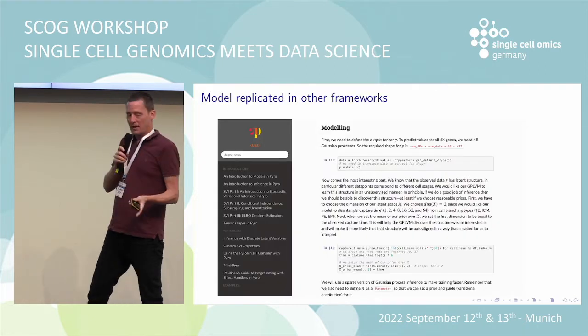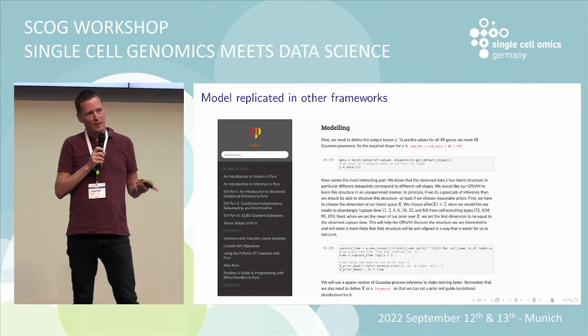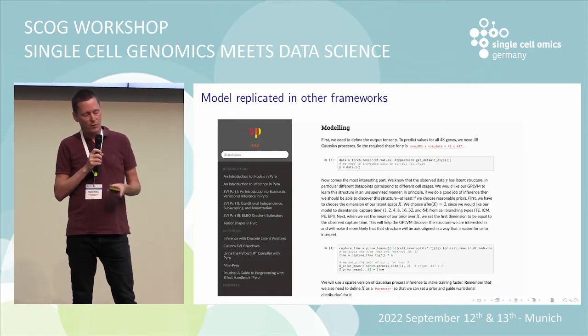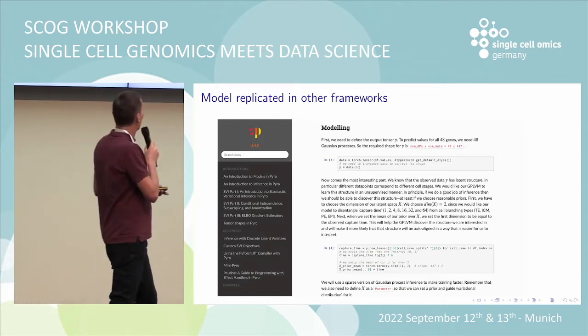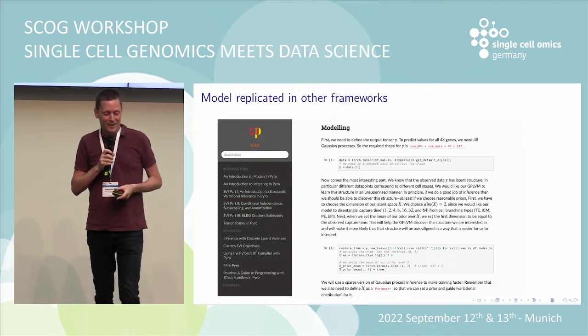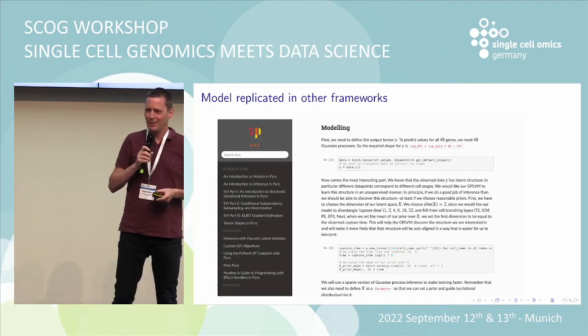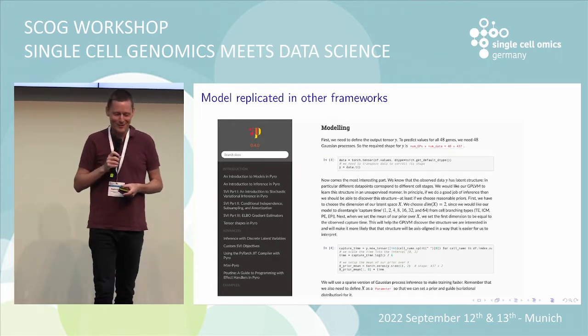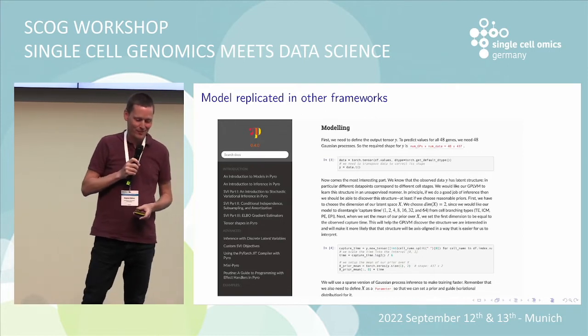And then it's nice if things are reproducible. So it turned out that the people who developed Pyro, which is this probabilistic programming language, saw our paper and used it in their documentation for Pyro. And they coded everything up in just a few lines of Pyro, which was slightly upsetting because we'd spent quite a long time on the variational inference. But it shows it's reproducible, and they got exactly the same results.